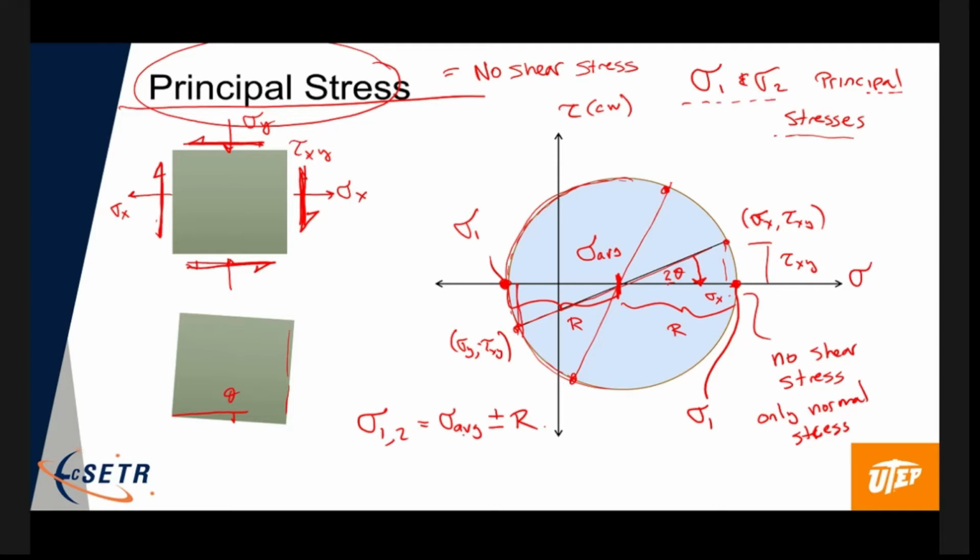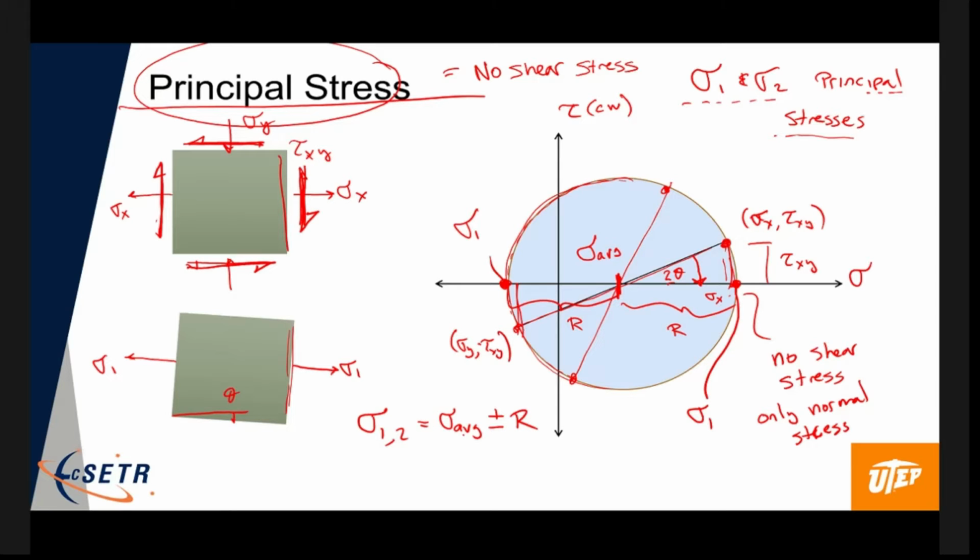So in this particular case, we would take this face here, rotate it half of this angle, get you down here, and we would get sigma 1 on this face, which is pretty close to sigma x, right? But you would get sigma 1 there and sigma 1 there. All right.